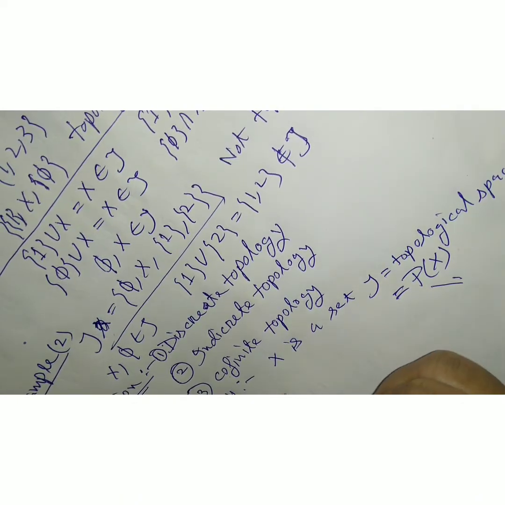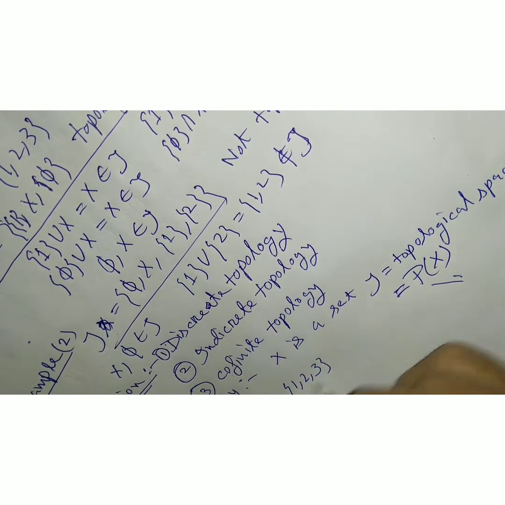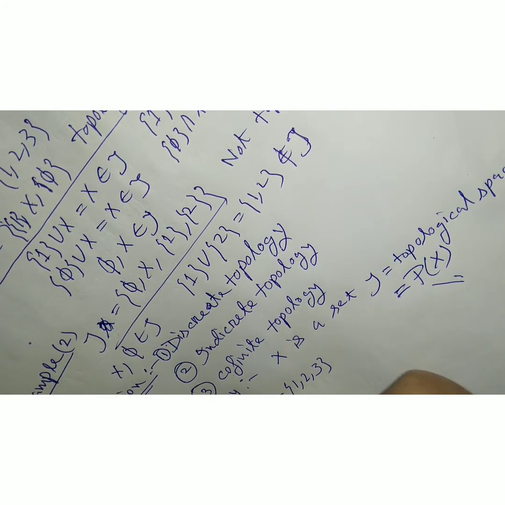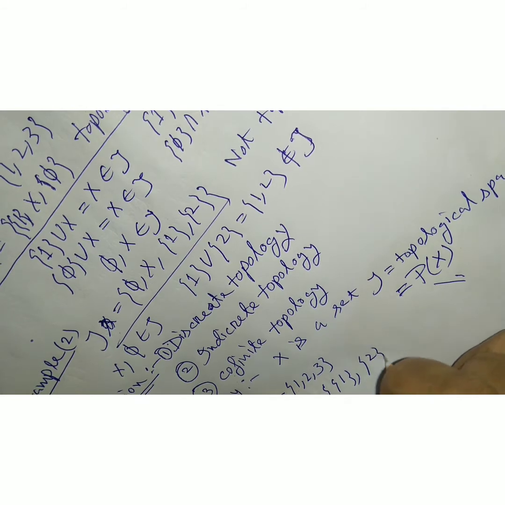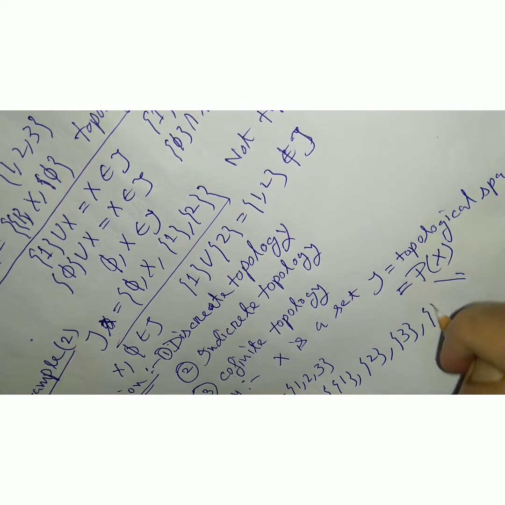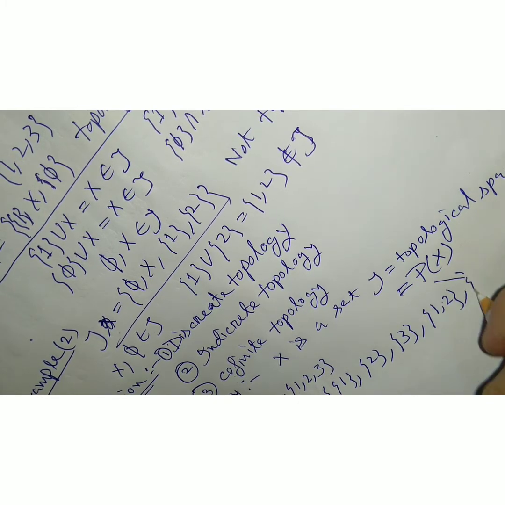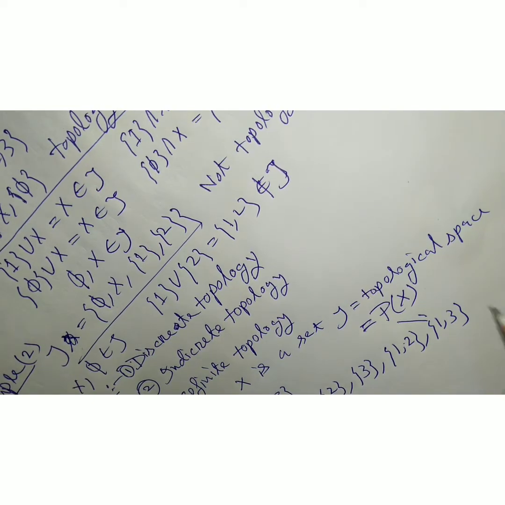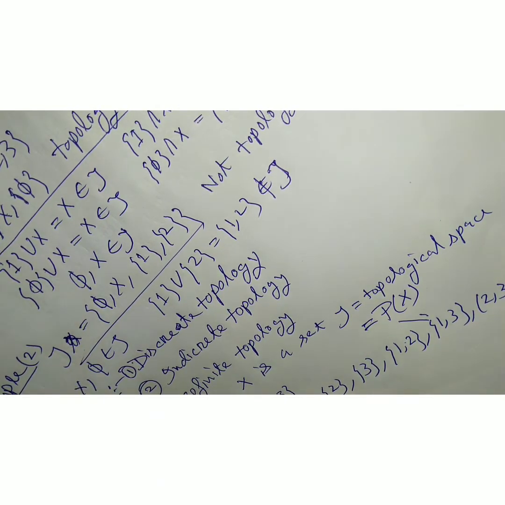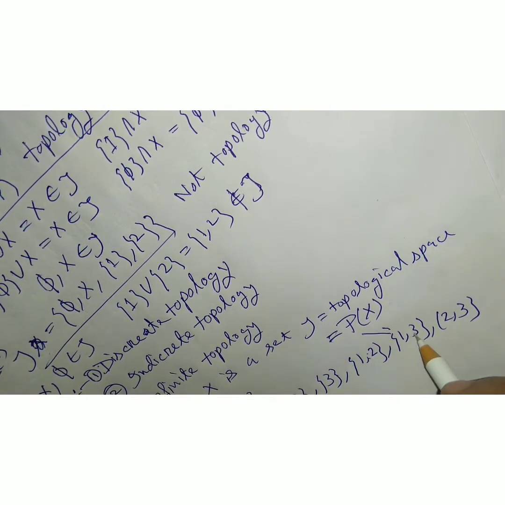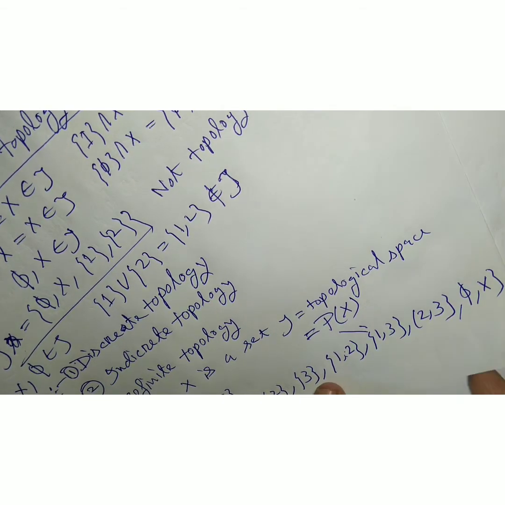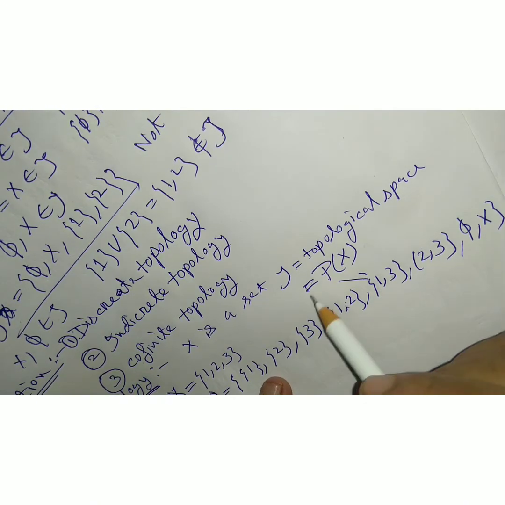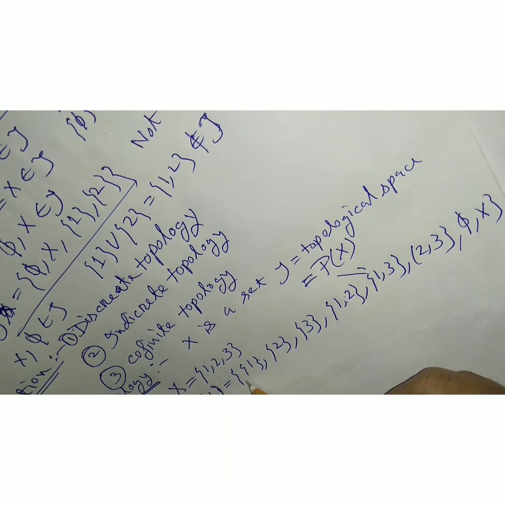Suppose {1, 2, 3} is X. So PX is equal to {1}, {2}, {3}, {1, 2}, {1, 3}, {2, 3}, and phi and X. This PX means the collection of all subsets.